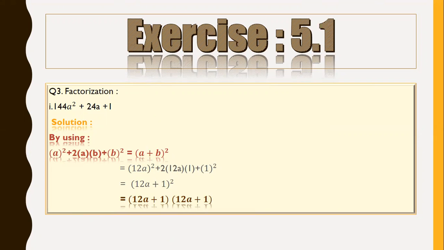Because a is 12a and b is 1, we enclose 12a plus 1 whole square. According to the definition of factorization, we write 12a plus 1 whole square in the form of a product of the two. So we split 12a plus 1 whole square as 12a plus 1 into 12a plus 1.